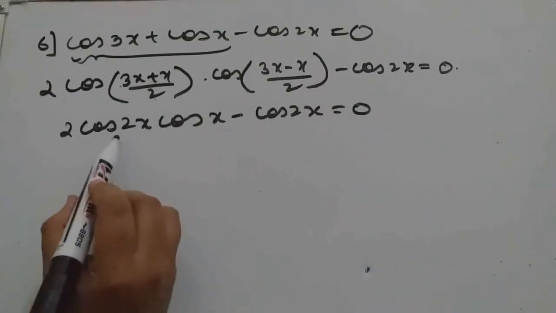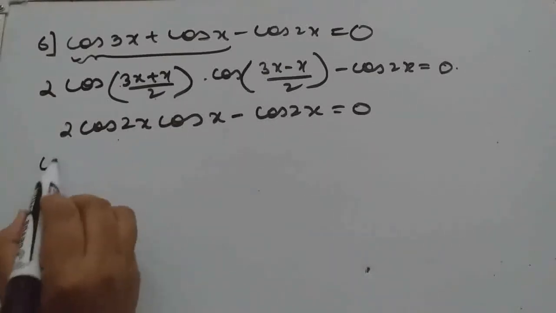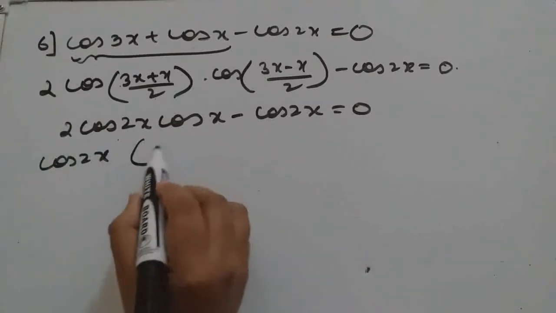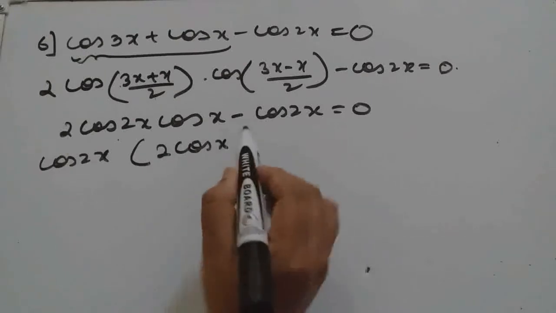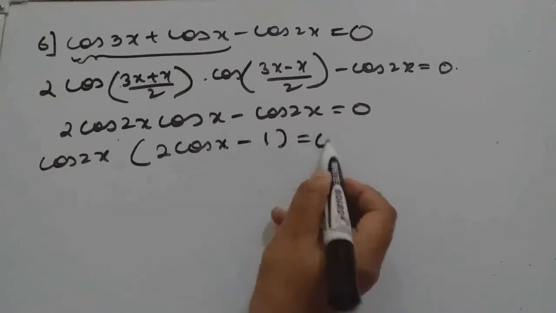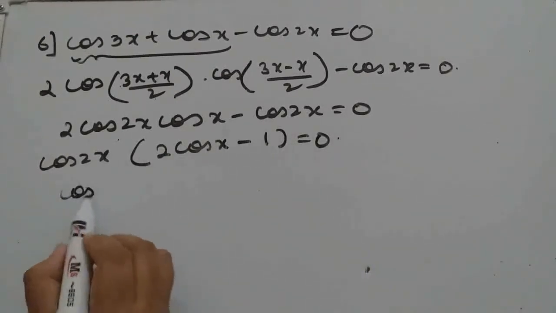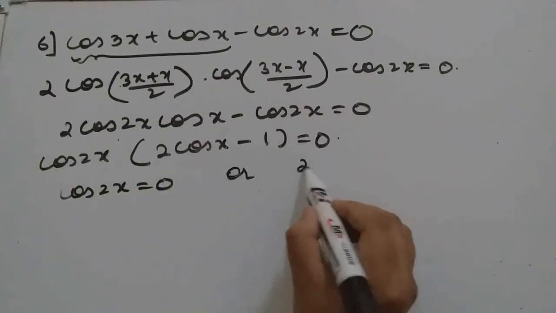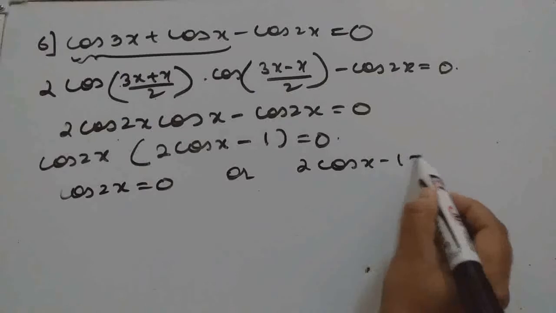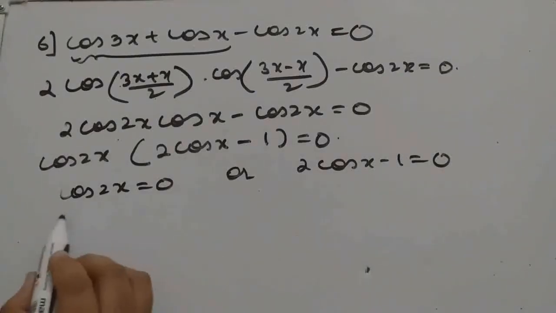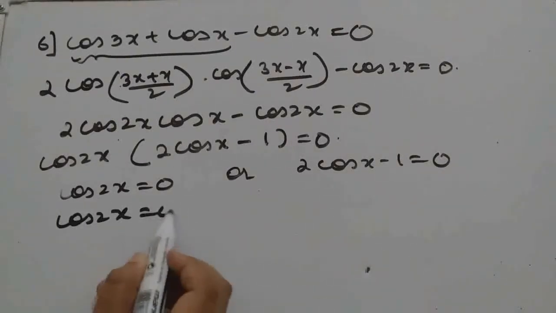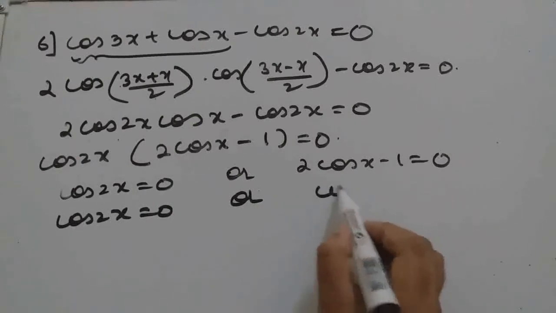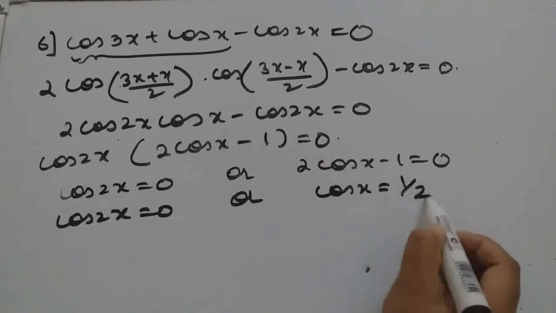So see, cos 2x we can take common, isn't it? So bracket 2 cos x minus 1 will remain here. So cos 2x equal to 0 we can write, or this bracket. Okay, so cos 2x equal to 0 or cos x is equal to 1 by 2.